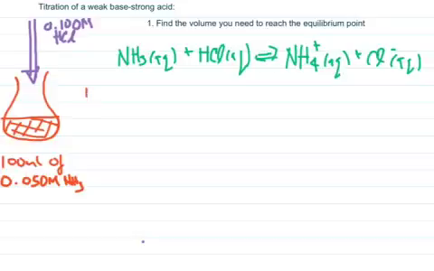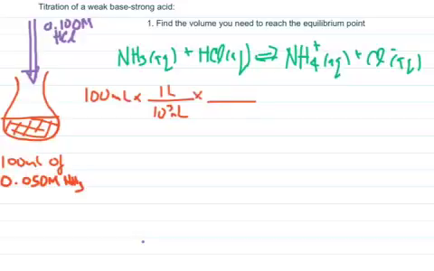Alright, so we have 100 milliliters. We're going to convert that into liters. So milli, 1 liter. Then we're going to take that molarity and multiply it. Then we know it's a 1-to-1 ratio, just looking at the balanced equation. So we are now at HCl.